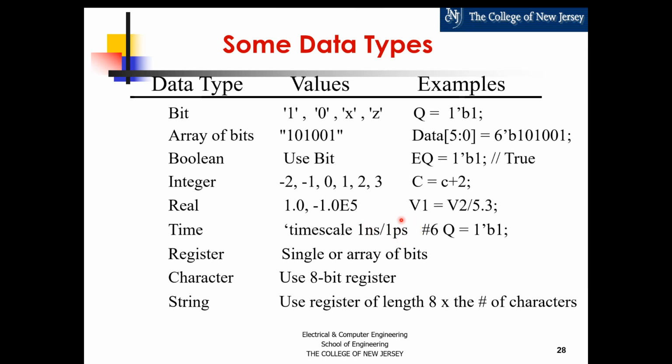And this is the resolution, which often the simulator uses as the minimum time step. Okay? Not the maximum, because it's going to go as fast as it can when it can.